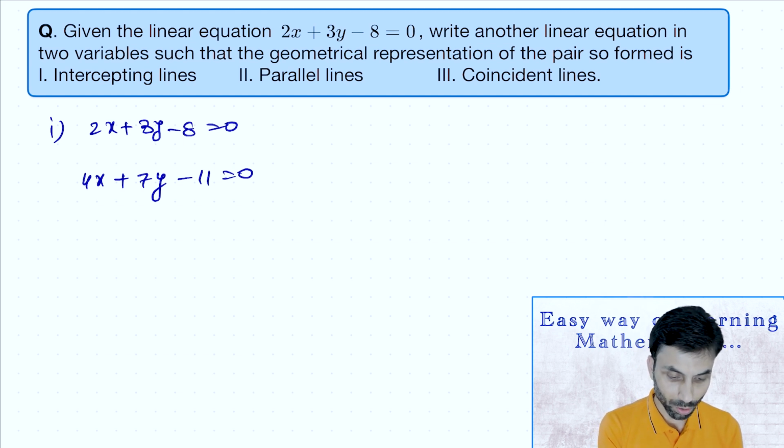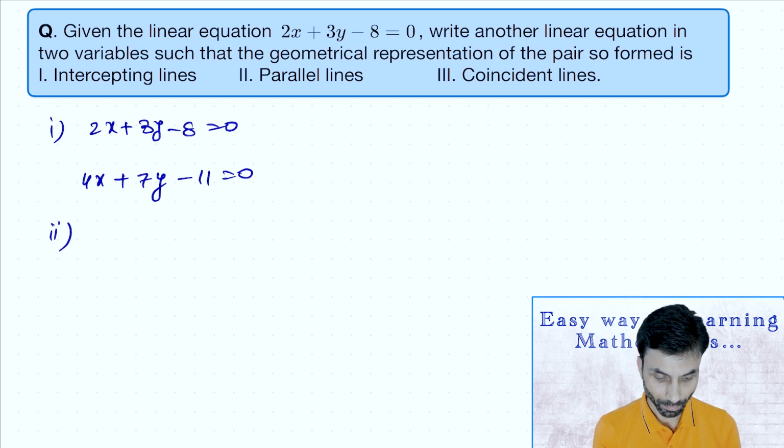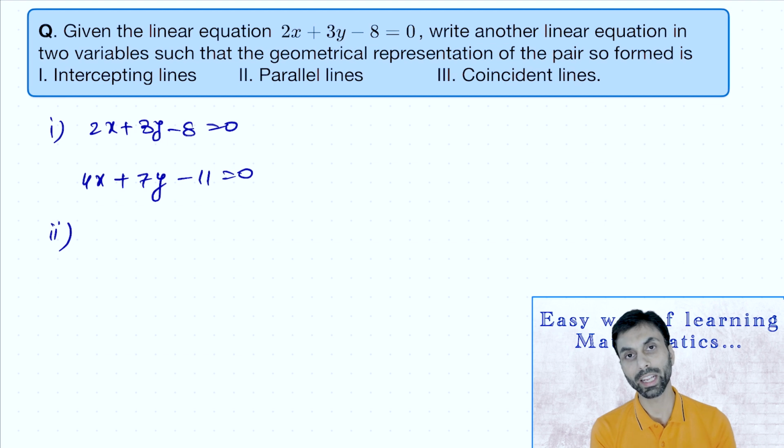If you talk about the parallel lines, what has to be in that case is that a1 upon a2 has to be equal to b1 upon b2, not equal to c1 upon c2. That means a1 by a2 should be proportional to b1 upon b2.